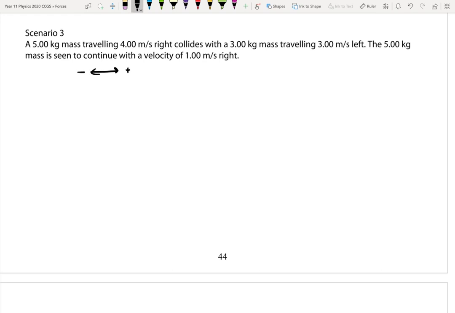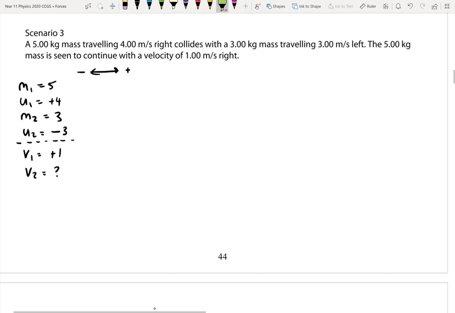For now, and in fact for most questions in tests and exams, I would still like you to write your values down on the left-hand side. M1.